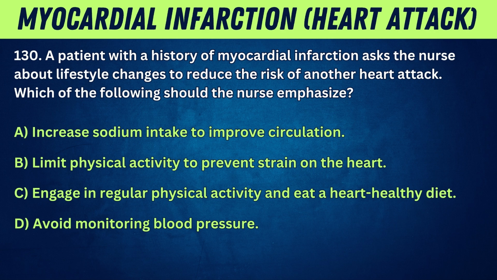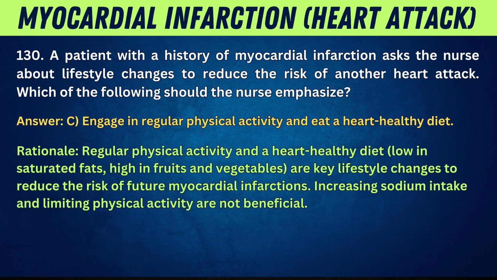D. Avoid monitoring blood pressure. Answer: C. Engage in regular physical activity and eat a heart-healthy diet. Rationale: regular physical activity and a heart-healthy diet, low in saturated fats, high in fruits and vegetables, are key lifestyle changes to reduce the risk of future myocardial infarctions. Increasing sodium intake and limiting physical activity are not beneficial.